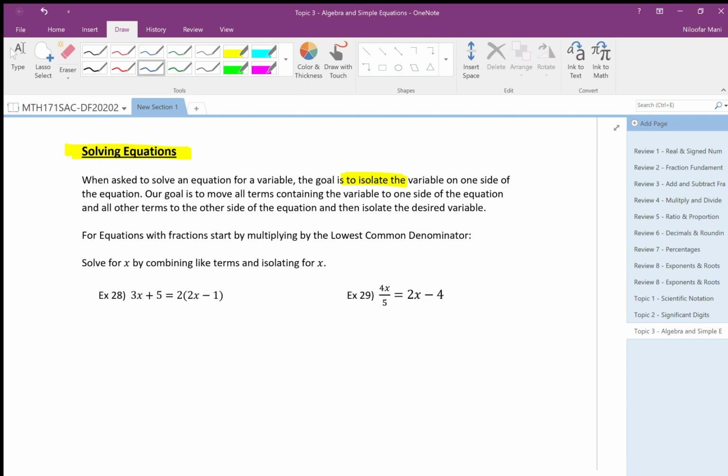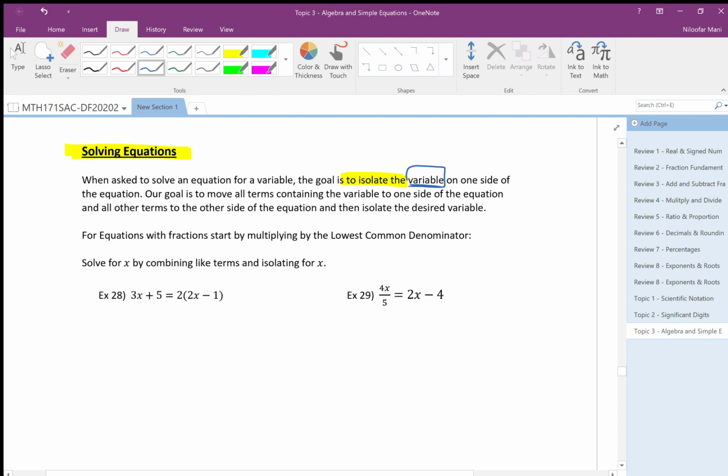Isolation means that the variable you want to solve for must be on just one side and everything else on the other side. I shouldn't see x on one side and also x on the other side. That doesn't mean isolation.